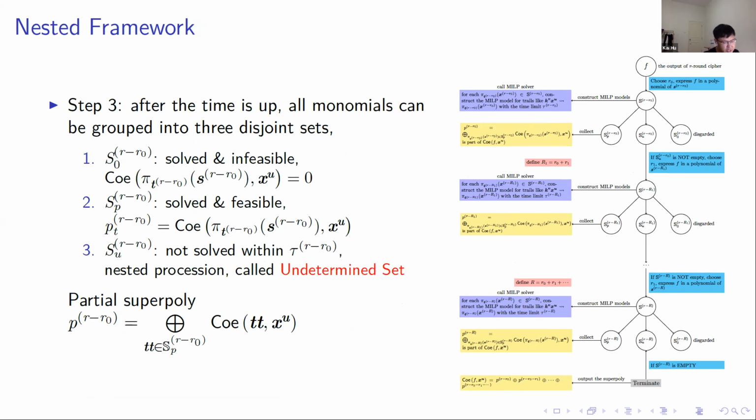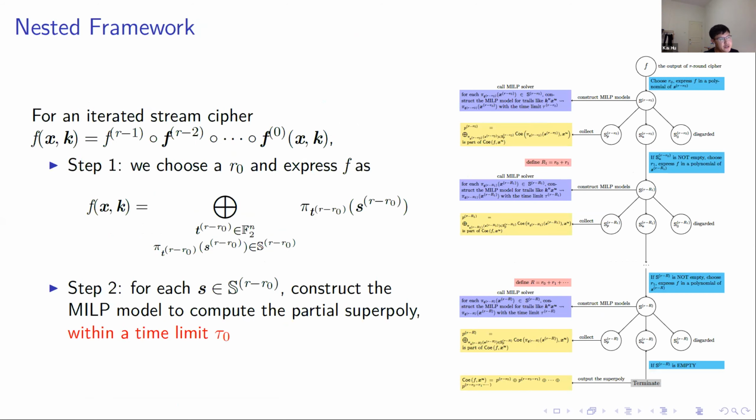Yes. Actually, we have a detailed explanation of the intuition for choosing the time limit in our paper, but here time is limited, so I cannot show it. Usually, for a higher round, for example when we attack 845 rounds, with the first expansion we tend to choose a smaller time limit, because the number of rounds is high, so we don't expect to solve many models.